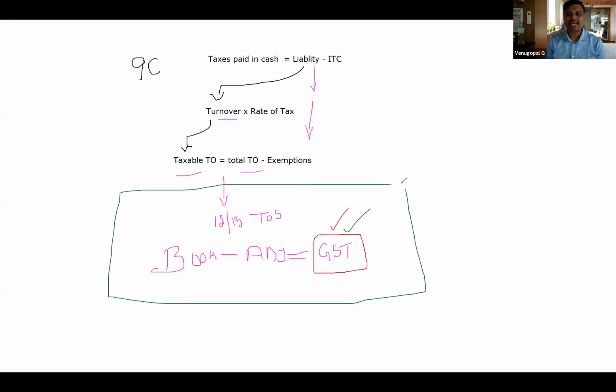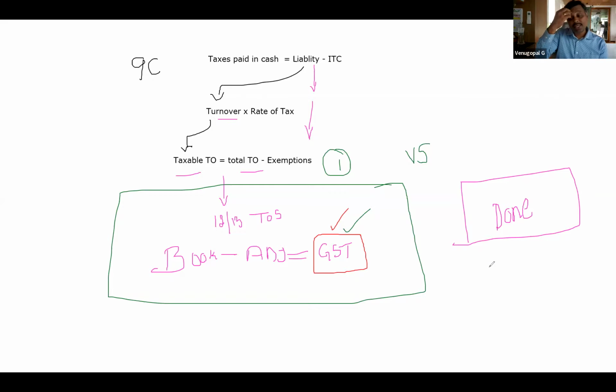So this is one set. This you can call set number one. And 9C is what? Reconciliation statement. Reconciled with what? With the transaction that you have already done, which is completed, the statement of fact. So let me clean this: one versus two.